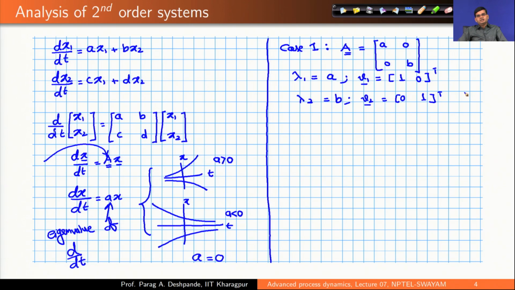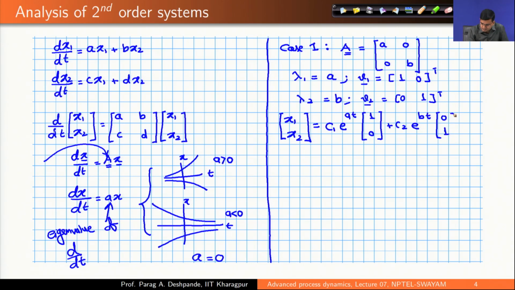Now, if this be the case, then what would be my solution? My solution would be x 1 x 2 is equal to C 1 e to the power a t times 1 0 plus C 2 e to the power b t times 0 1. This is my solution.